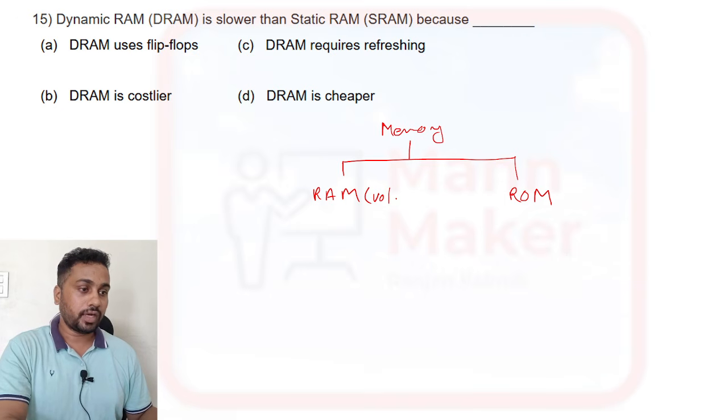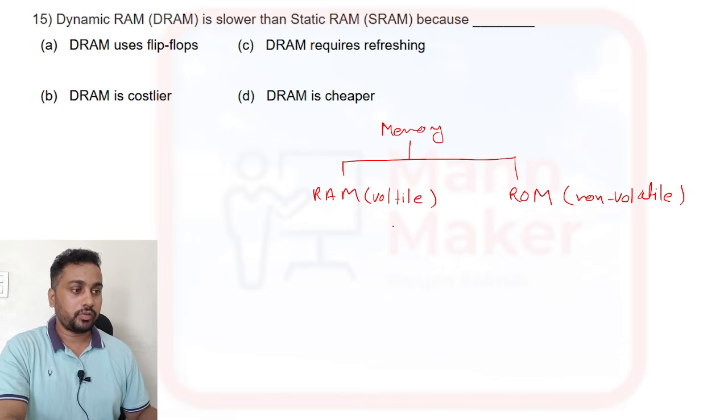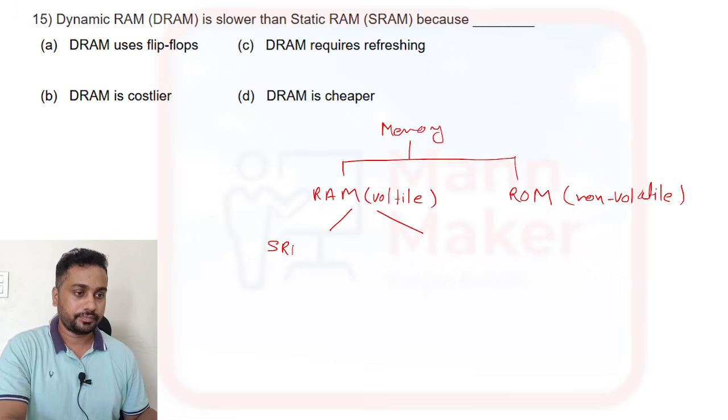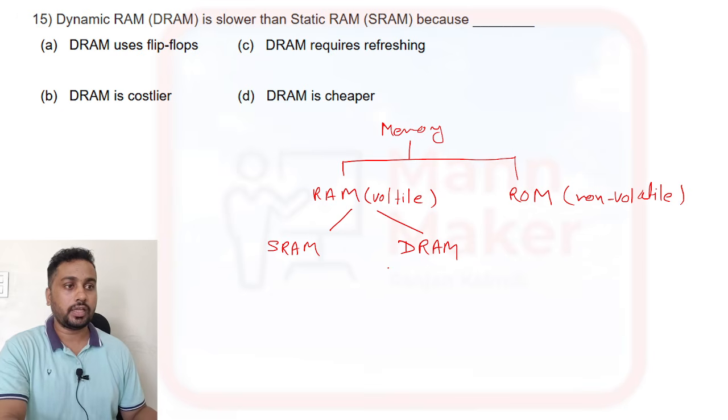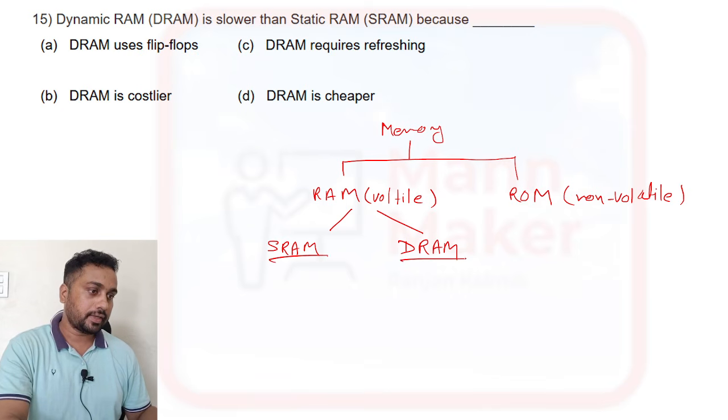RAM is volatile memory, and ROM is non volatile memory. Further, this RAM is divided into SRAM and DRAM: static random access memory and dynamic random access memory. So they have asked about SRAM and DRAM.